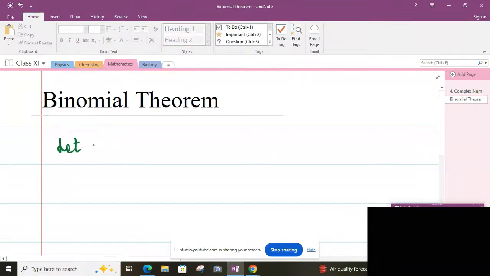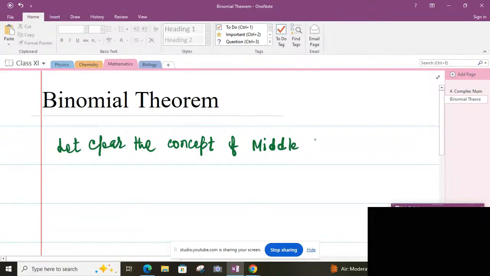Let us clear the concept of the middle term.